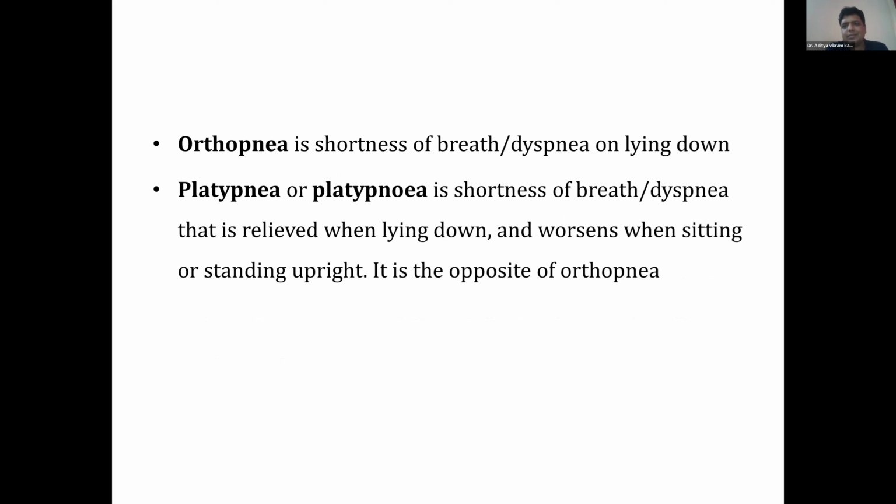Orthopnea usually happens in cardiac cases with severe LV dysfunction, where the patient has dyspnea, or difficulty in breathing, even when lying down in a supine posture. Platypnea is shortness of breath which is relieved when lying down but worsens when sitting upright, usually seen in patients with liver disorders.